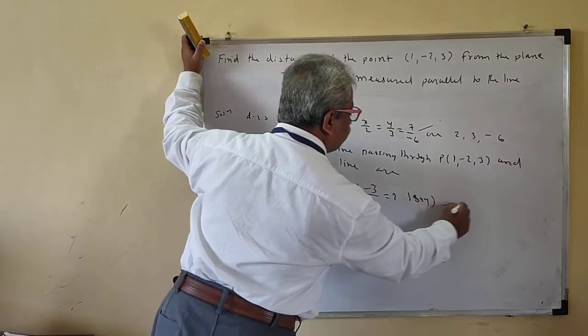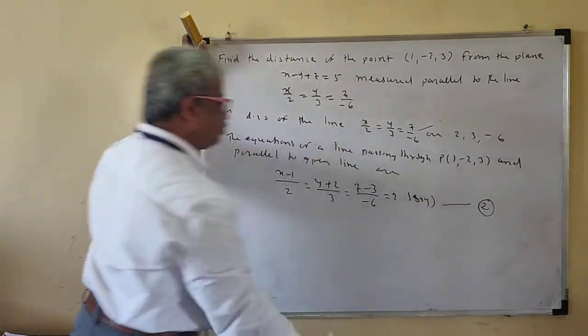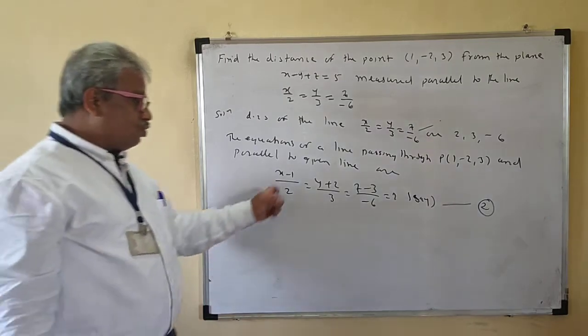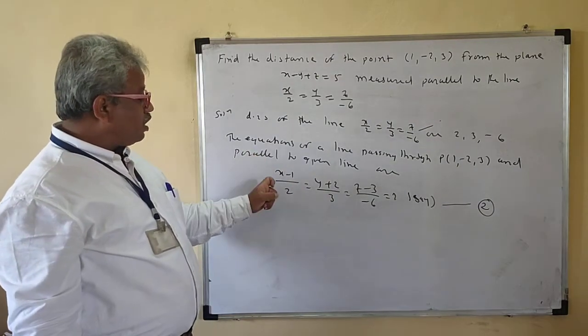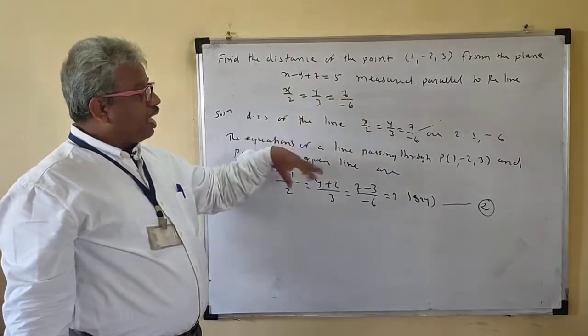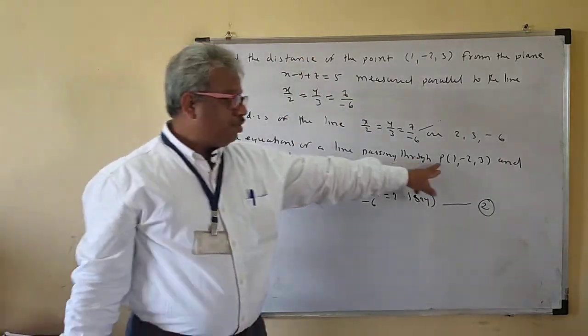I call this 2. This is your line, and you have to find the point of intersection of this and the plane, and then the distance.